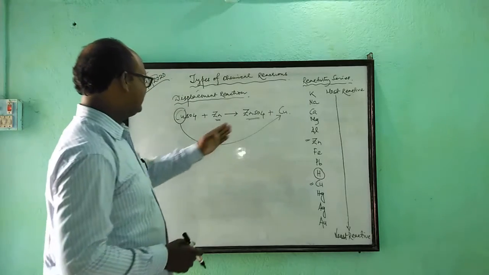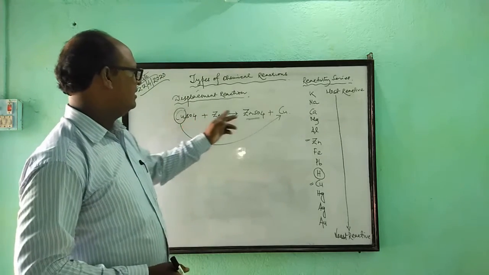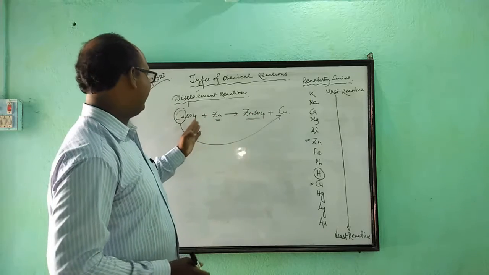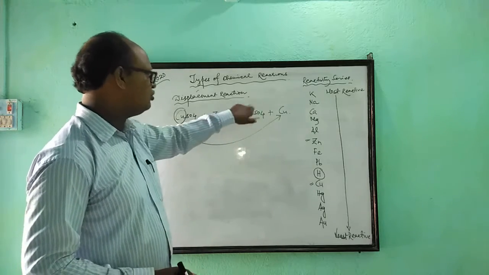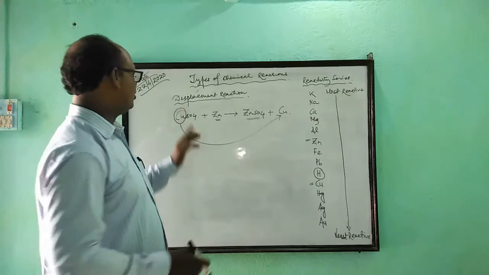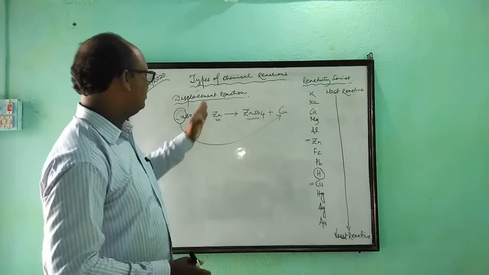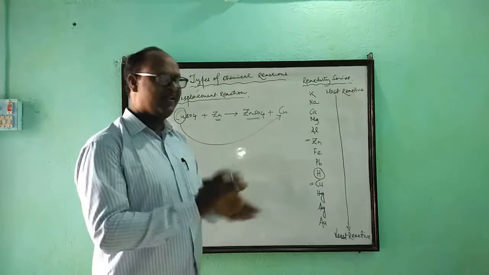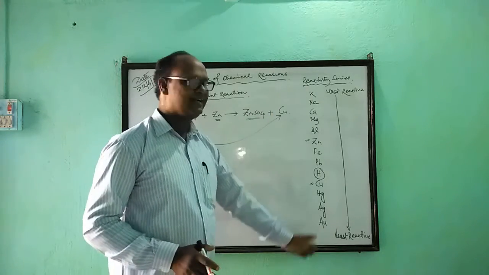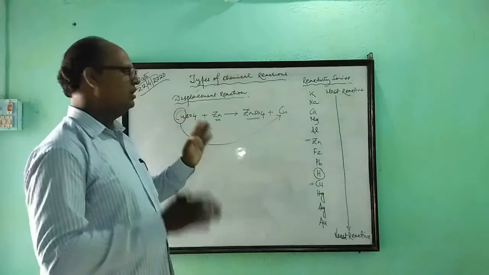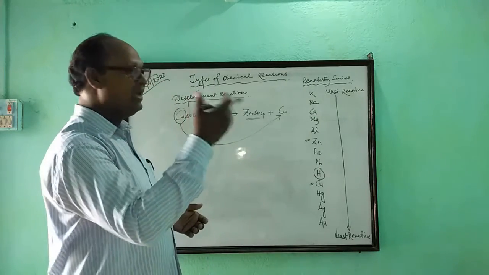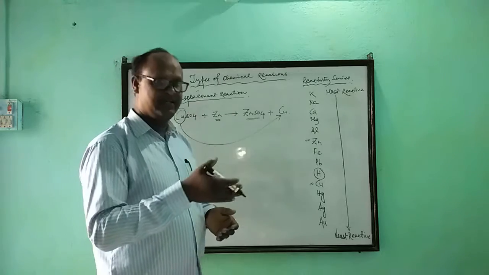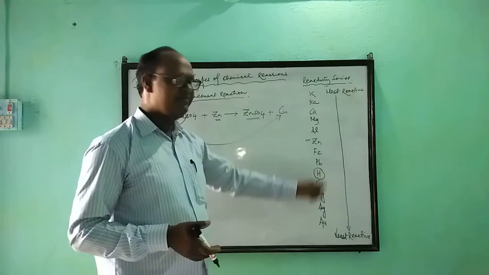That is why zinc displaces copper and zinc combines with sulfate radical and produces zinc sulfate. This is called displacement reaction, and how elements displace one another is determined from the reactivity series.